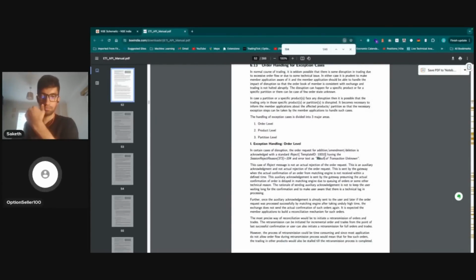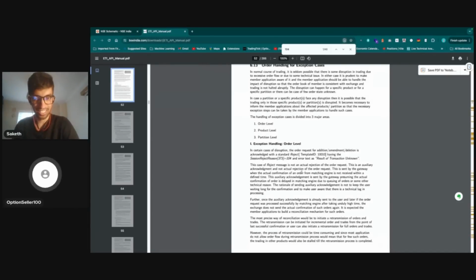This says result of transaction unknown. At least this is what I was told by one of the brokers. BSC in this particular case actually sent across this 104. I was told it's a very newly introduced code. Again, this is third party information. As I said, I could be right, I could be wrong.